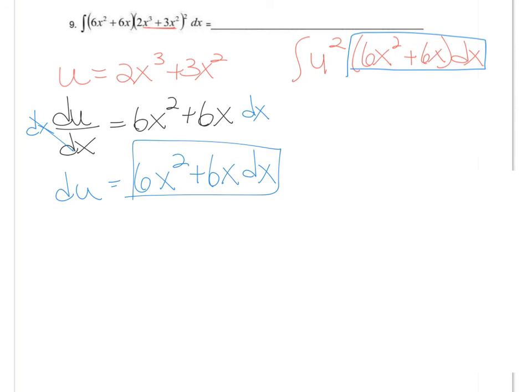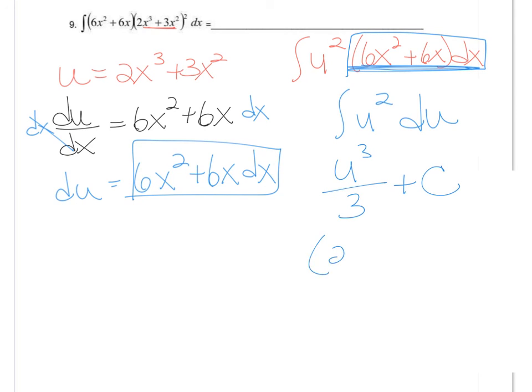And that exactly matches this piece. So I can replace it with what it equals, which is du. Now I can do the power rule, add 1 to the exponent, divided by the exponent, and put back in the u we started with.